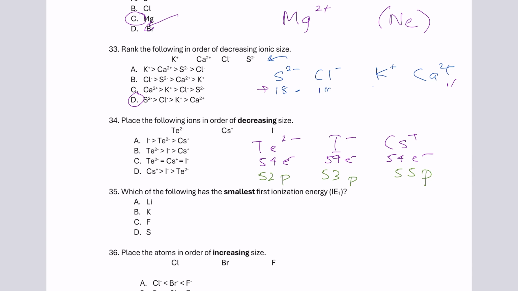So cesium, with its 54 electrons and 55 protons, is going to have the smallest radius, while tellurium, with its 54 electrons and 52 protons, is going to have the largest. Iodine falls somewhere in the middle. So the ordering for this series in decreasing ionic size is tellurium, iodine, then cesium. So B is the correct answer.